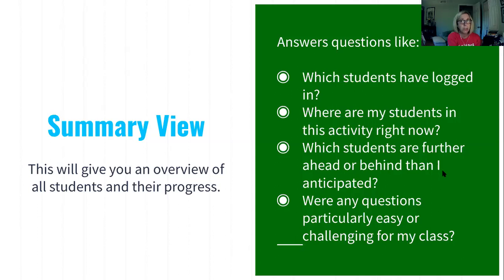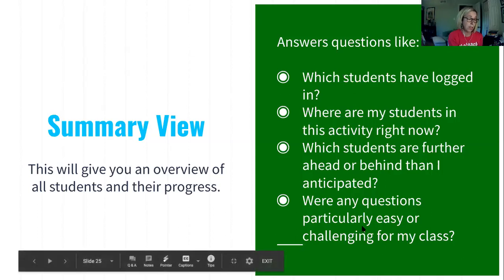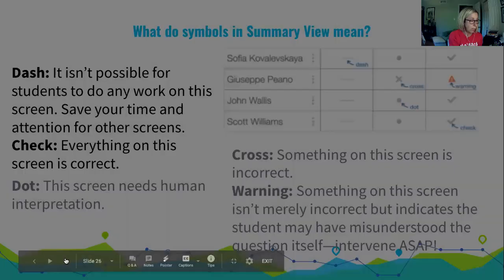I always put some differentiated questions at the end. What's wonderful about these Desmos activities is they come in low floor and they can take it to the high ceiling. So it hits everyone where they're at. So were there any questions that are easy or challenging for the class? That kind of gives you the overall summary.